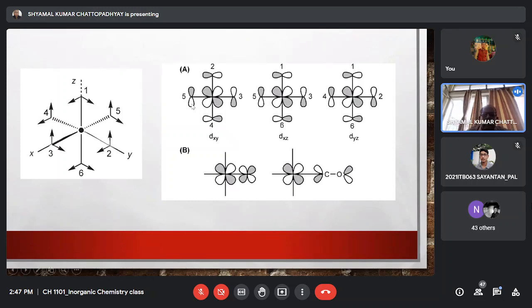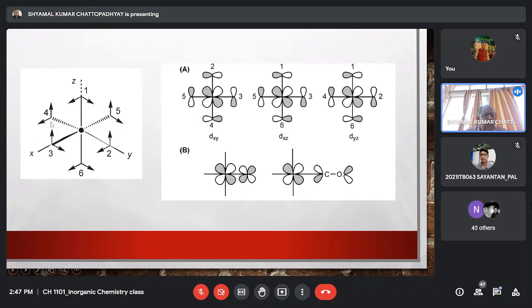And here I have shown how the different p orbitals may interact with each of the metal T2G orbitals: dxy, dxz, and dyz. For instance, consider the dxy orbital, which is in the xy plane.